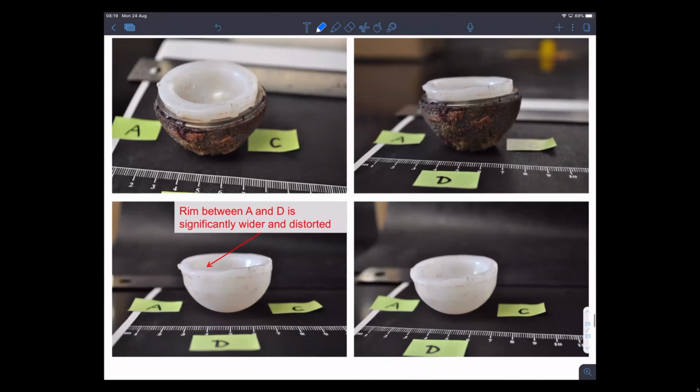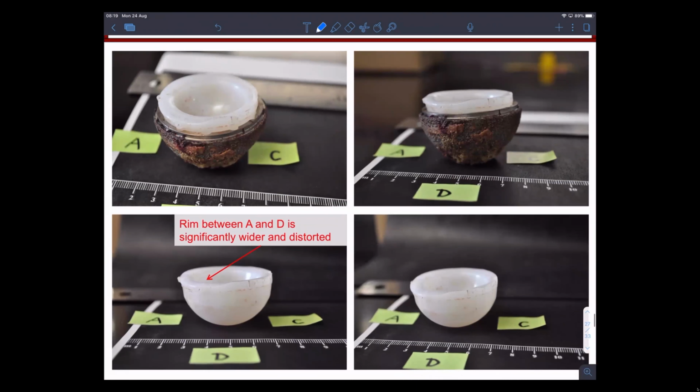So this is just an example. It looks like an acetabular cup there that's deformed. So you can see that the outside brim over time has started to wear, and that's because the modulus is not matched up to the area that's going to be taking the load, right?